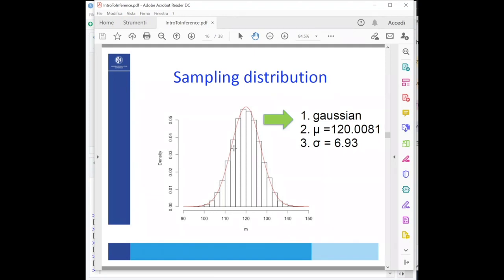And it represents very clearly the replicability of an experiment. It's always like this. When I do an experiment, I fall somewhere within this sampling distribution of the mean. I'm not sure I'm exactly capturing the mean of the population.